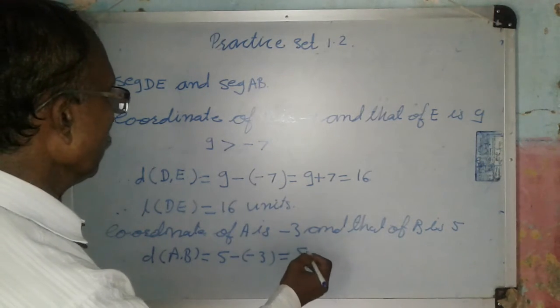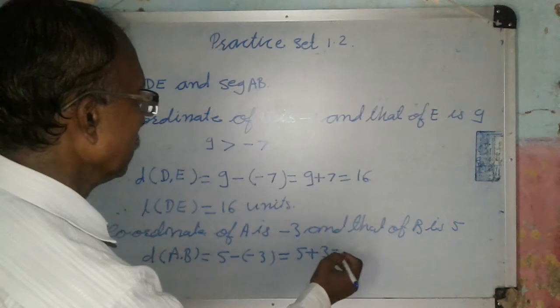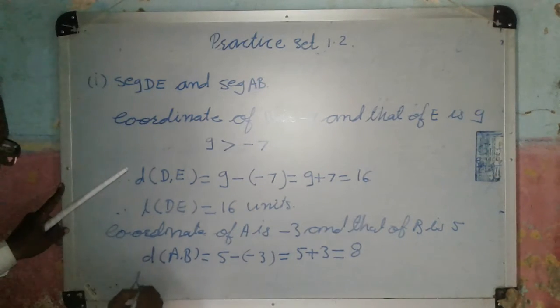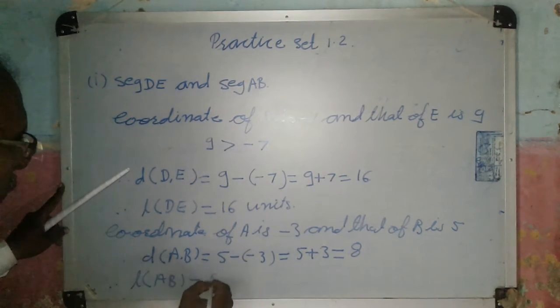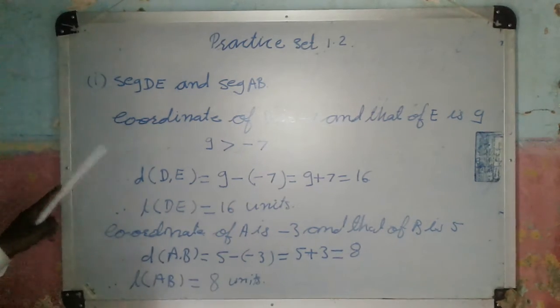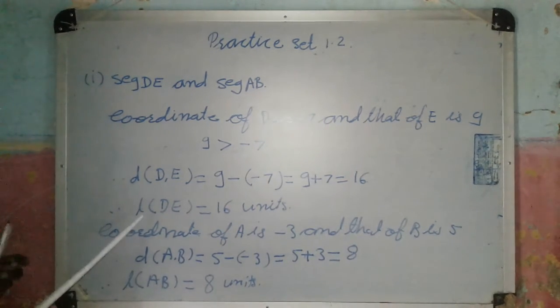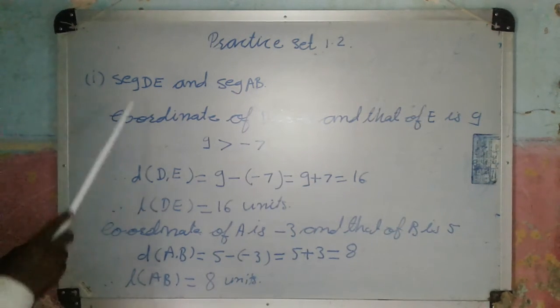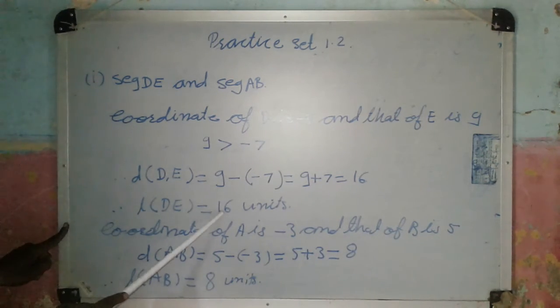That is equal to 5 plus 3. And that means length of AB is 8 units. That means length of segment DE is 16. Length of segment AB is 8.